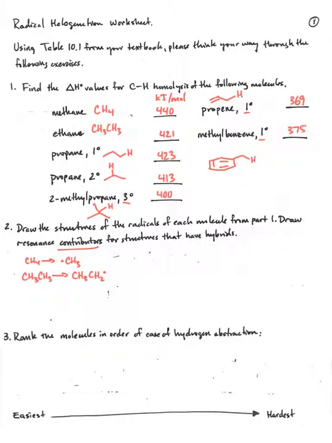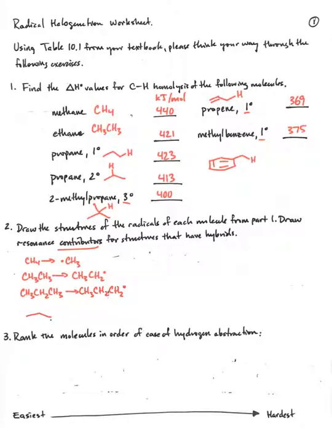So if we have propane, and we want to show the primary radical. Again, the carbon is bearing the radical, and that radical resides in an sp2 hybridized orbital.